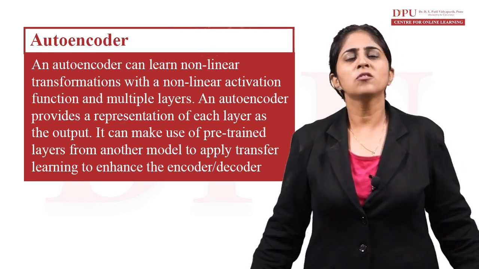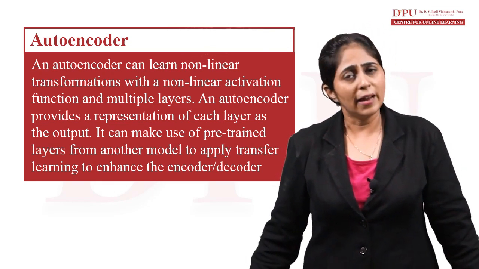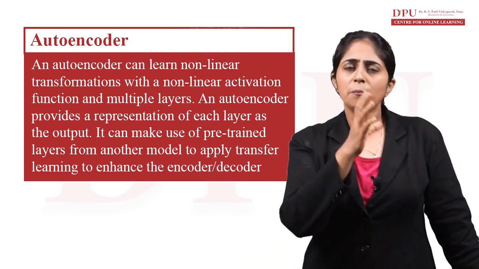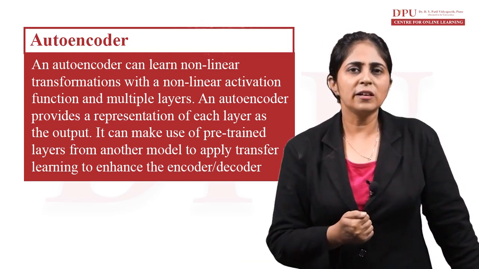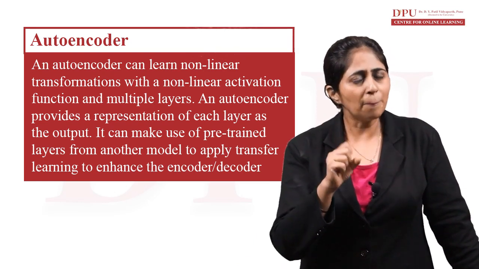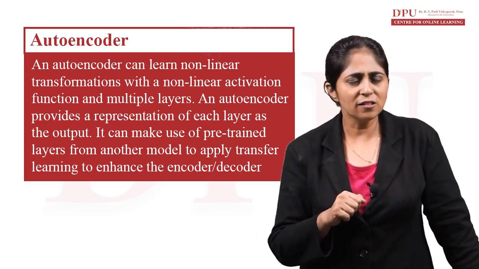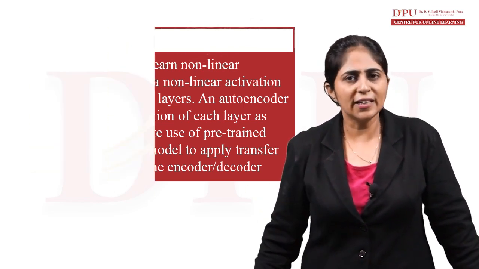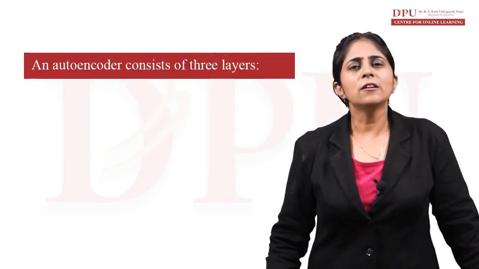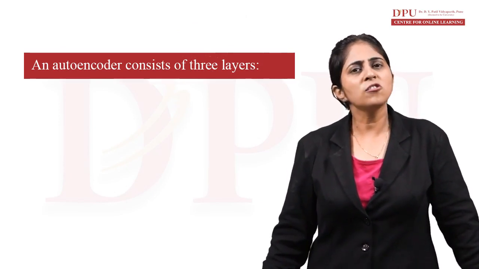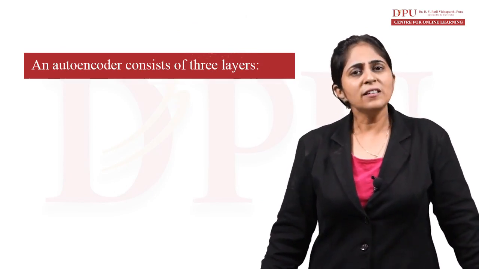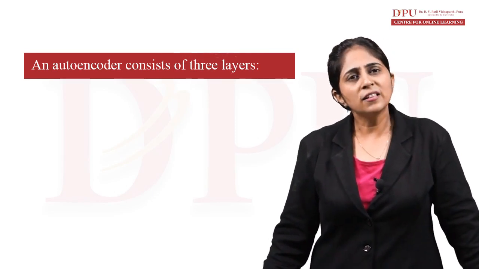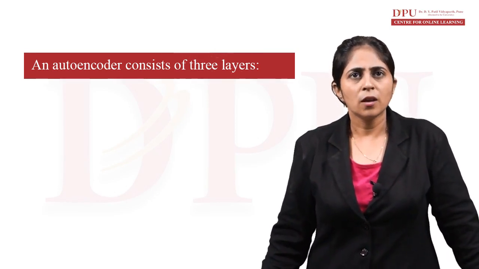Basically, in this autoencoder we have the encoder, the decoder and the code. Whatever inputs we receive, we compress into a smaller size, and then we can decompress it again using our decoder. Basically, an autoencoder consists of three layers. First is the encoder, second is the code, and third is the decoder.